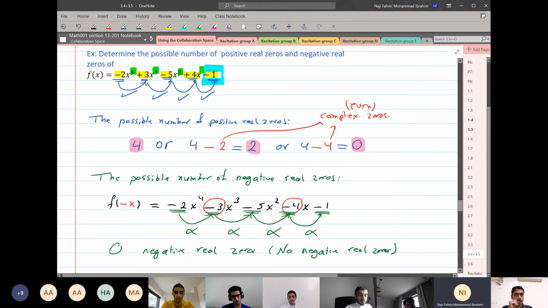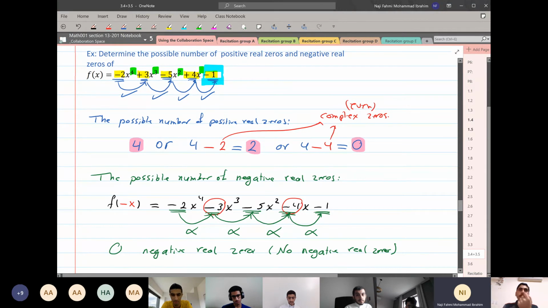Now let's talk complex. We said how many complex zeros can this polynomial have? We can have 0 or 2 or 4. And don't forget the rule that we mentioned last time: the number of zeros of a polynomial is less than or equal to the degree.